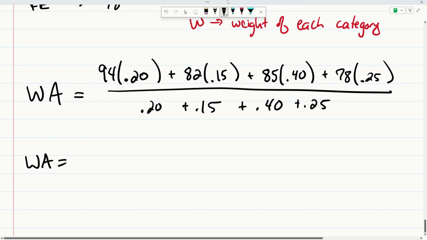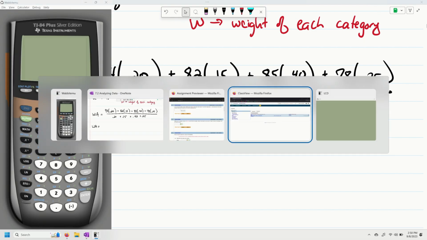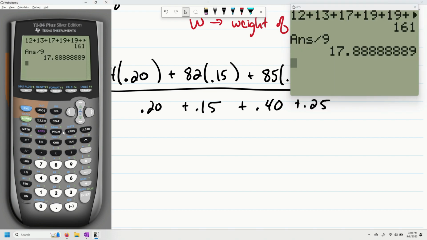All right. So get out our calculator. I'll do this one on screen. We have 94 times 0.2 plus 82 times 0.15 plus 85 times 0.4 and finally plus 78 times 0.25.